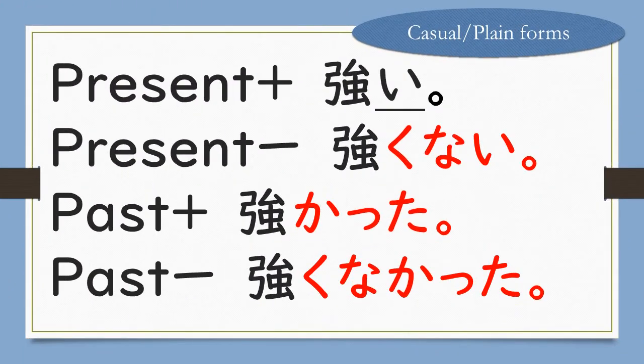Plain form. Present positive 強い. Present negative 強くない. Past positive 強かった. Past negative 強くなかった. Repeat after me. Present positive 強い.